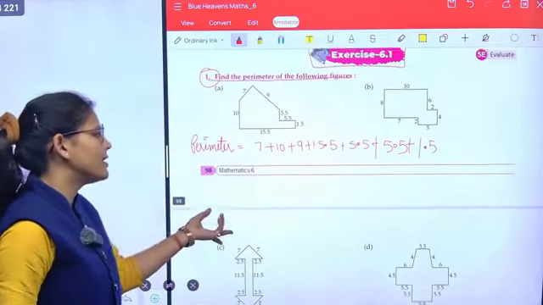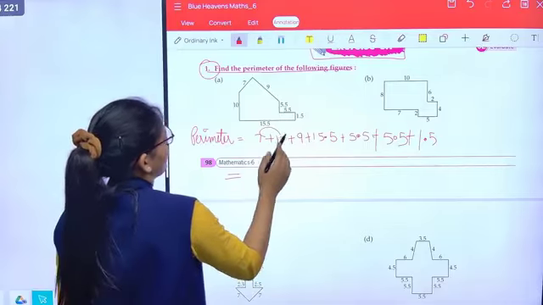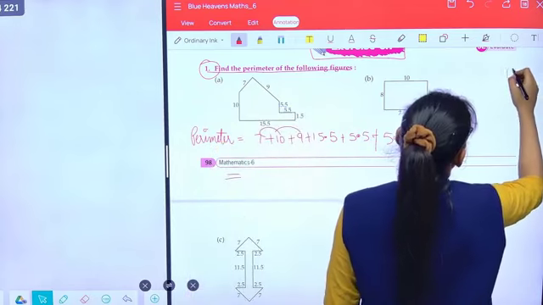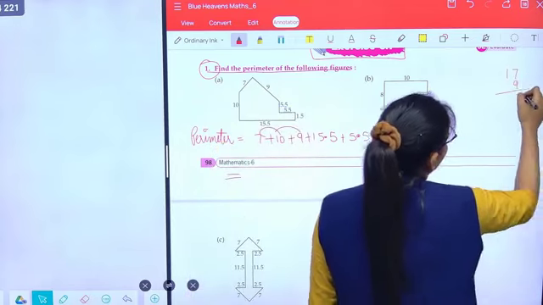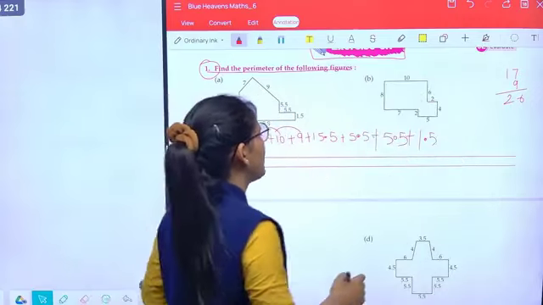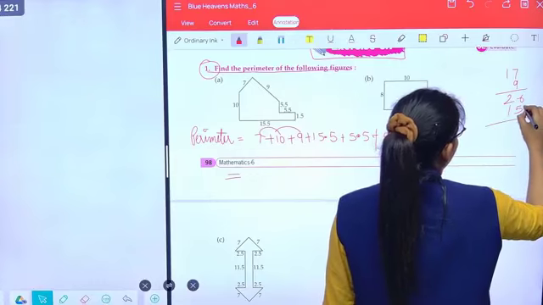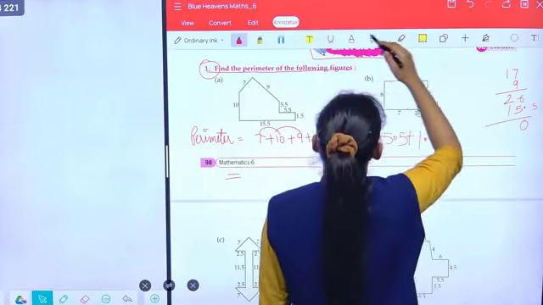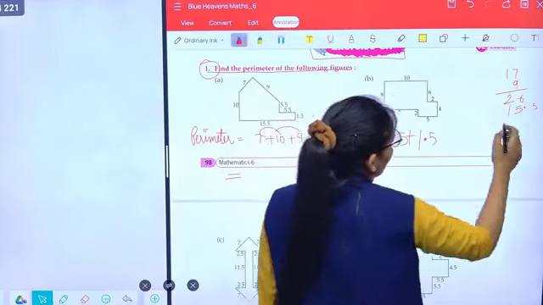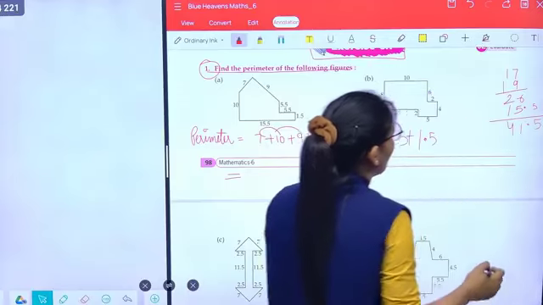Okay class, now what will we do? We will add all of these. That is 17 plus 9, you can see. Now 16, 26, 26 plus 15, 41.5.